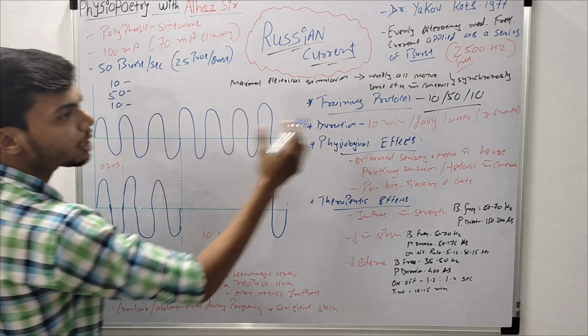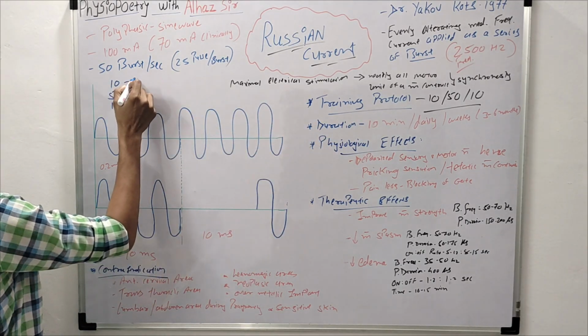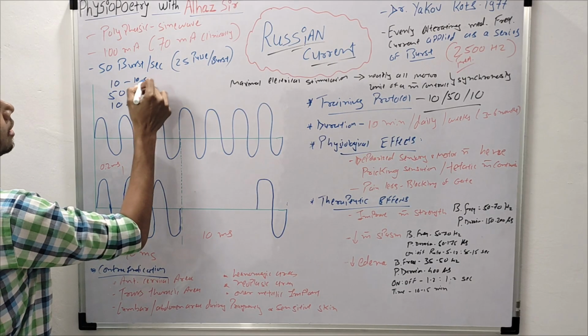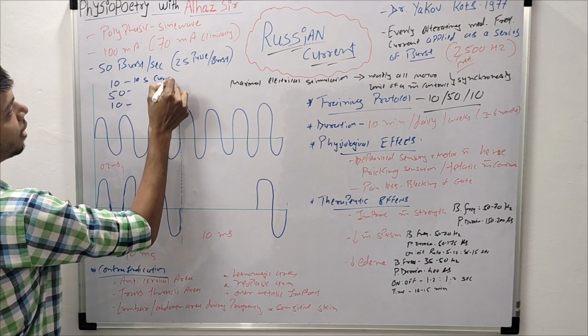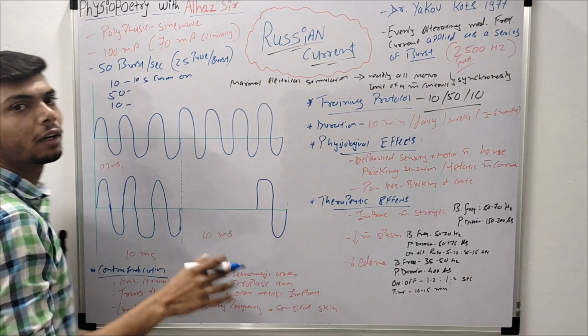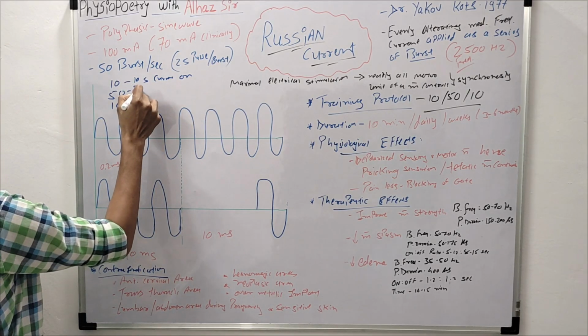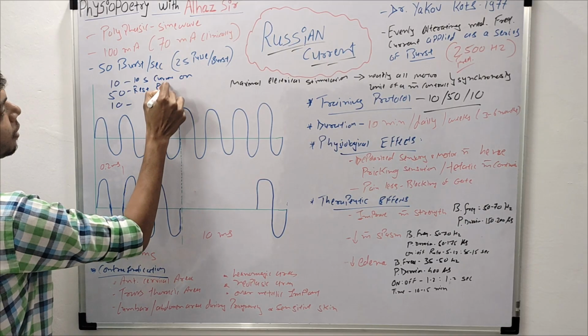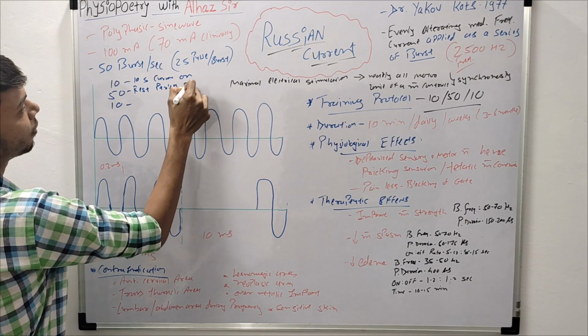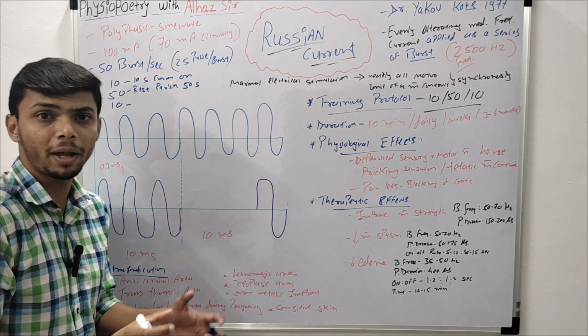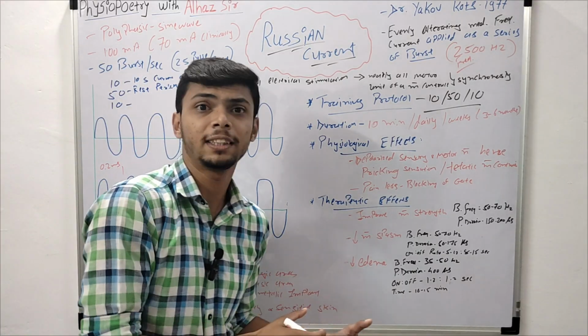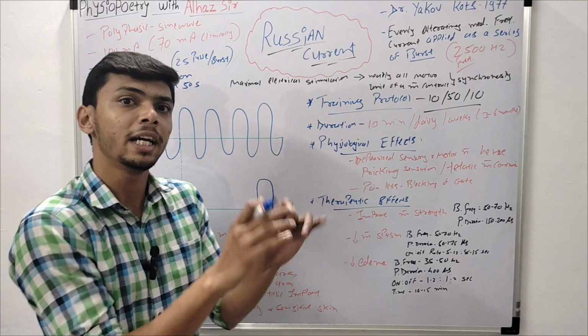So we apply the Russian current, we apply the current for 10 seconds. 10 seconds current is on, current we are applying. 50 seconds is the rest period. So we are applying the Russian current for 10 seconds. After that, for 50 seconds, it is a rest period.